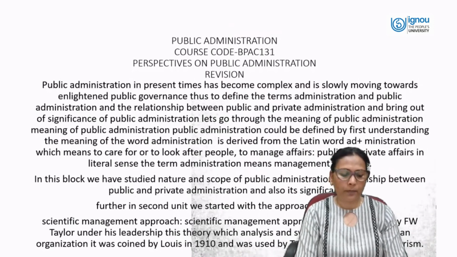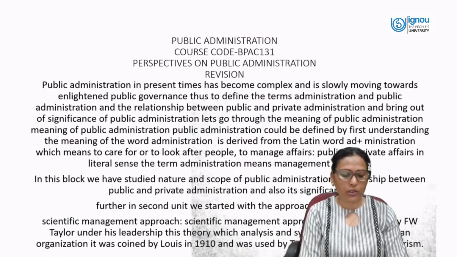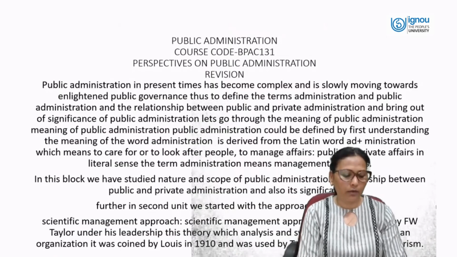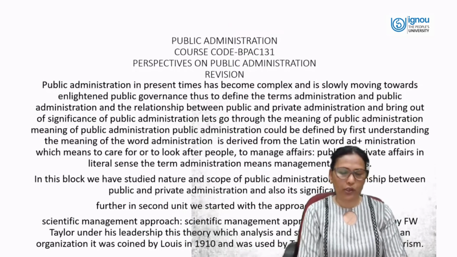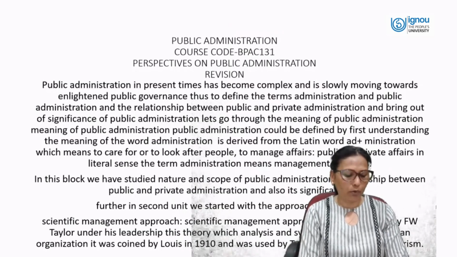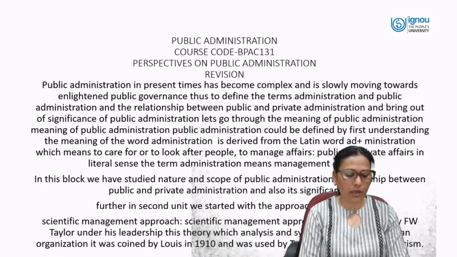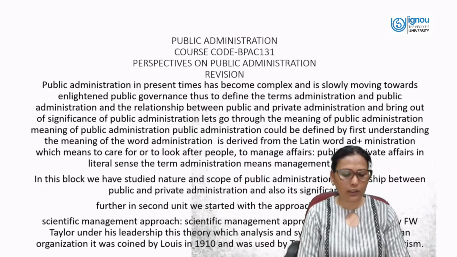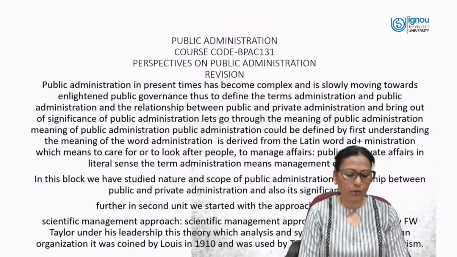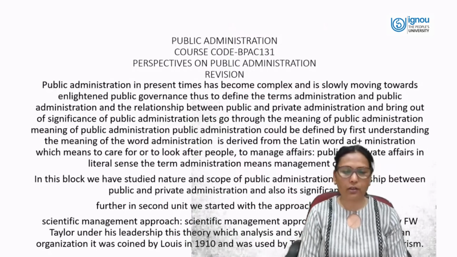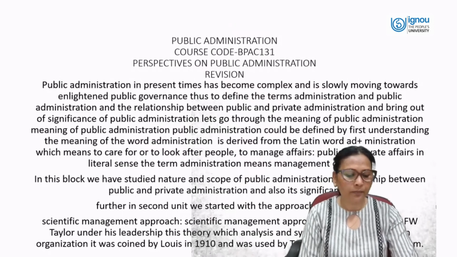In block 4, the ecological approach, new public administration approach, public choice approach, and public interest approach. And the last block, block 5, had the new public management approach, good governance approach, postmodern approach, and lastly the feminist approach.